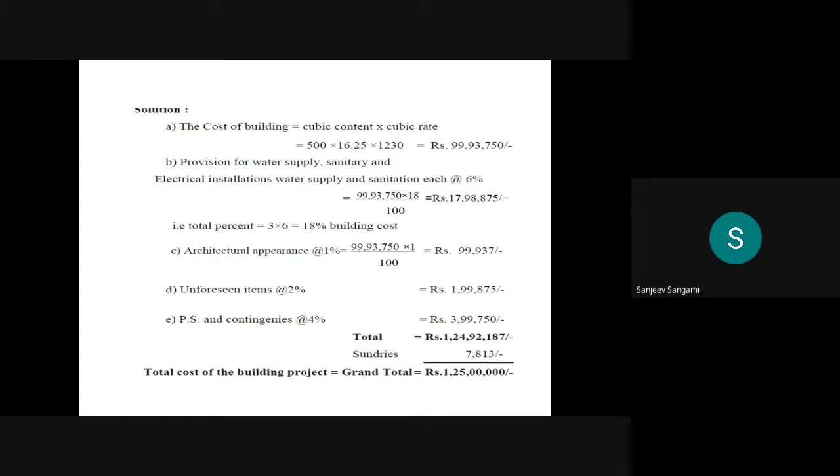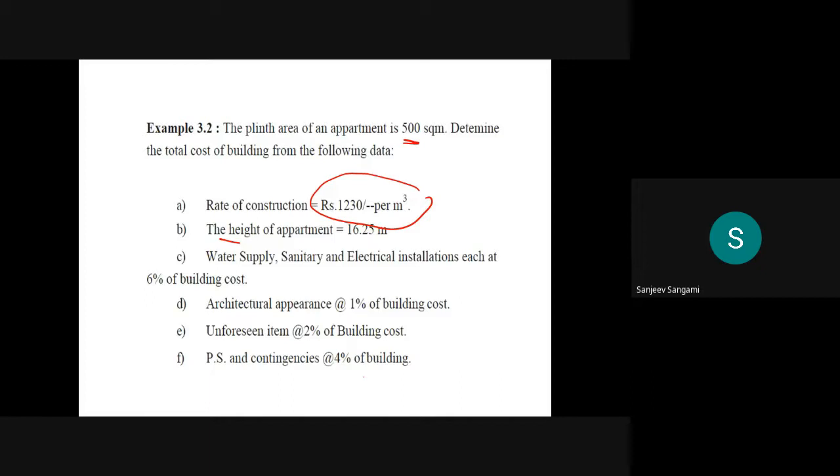So the rate of construction is 1230 per meter cube. The rate he has given. The plinth area he has given as 500 square meter. Remember this. It is in meter square, but the rate he has given is per meter cube.